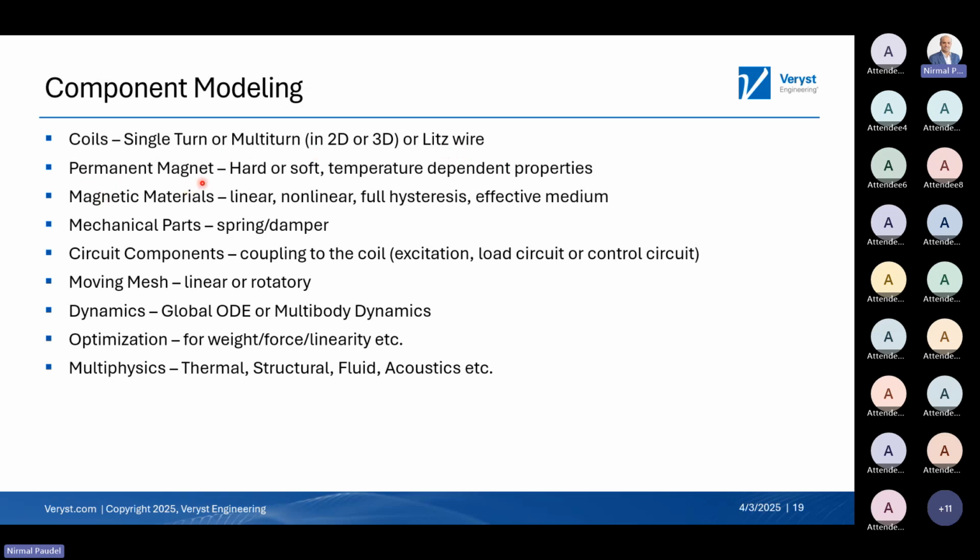We mentioned there is a permanent magnet, so we can choose different types of material for it. For magnetic materials, we can always start with a linear material with permeability of 100, 1,000 or 10,000. But we can also include a nonlinear BH curve, or if there is a full hysteresis effect, that can be included. Mechanical parts, as I mentioned, will be added with a spring or damper and additional components.